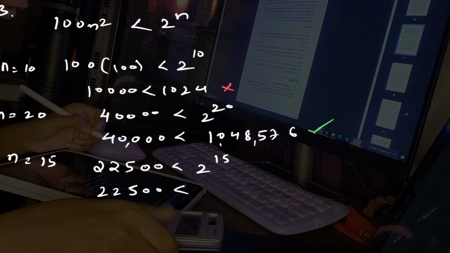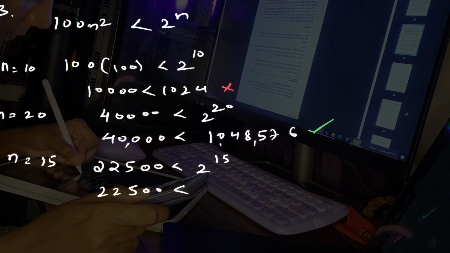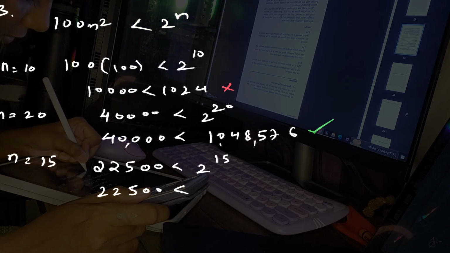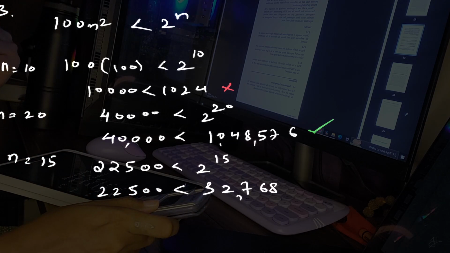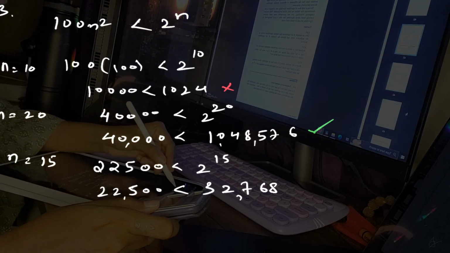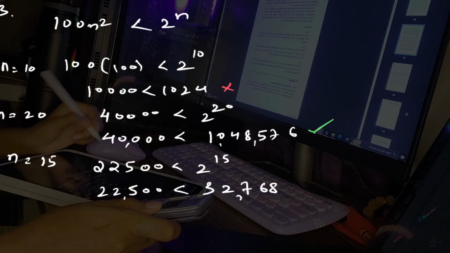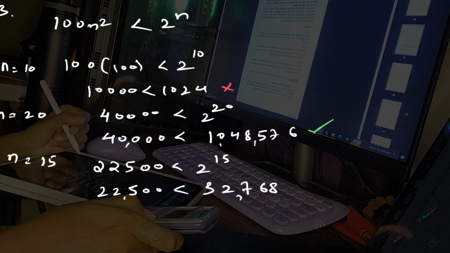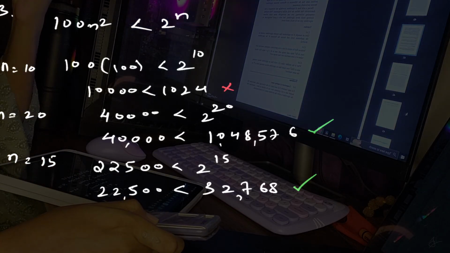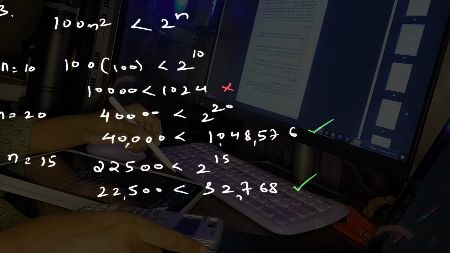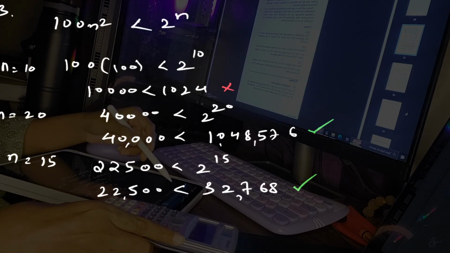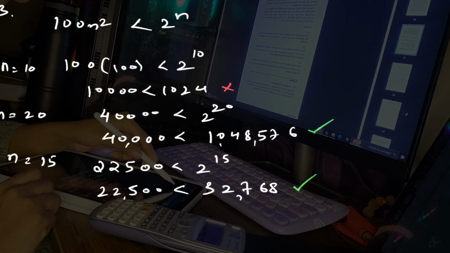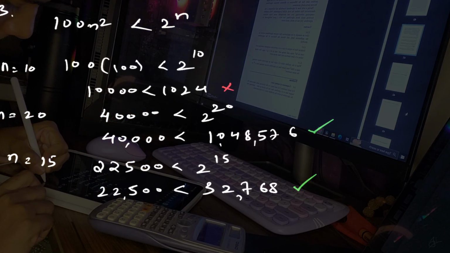Let me just see. 2 to the power of 15 is nothing but 32768. And yes, this also suffices. So for n equals 15 it runs faster. At 10 it was not sufficing, at 15 it was sufficing. Let's do 14.